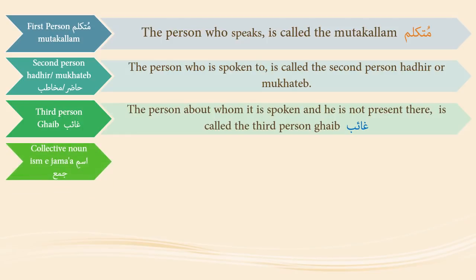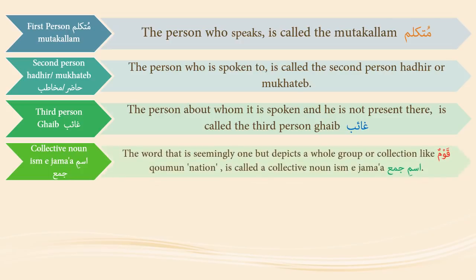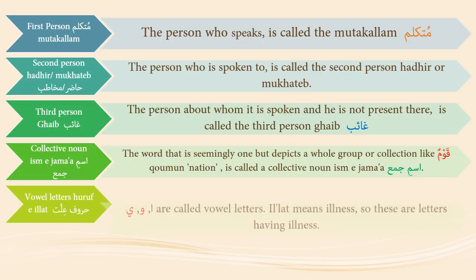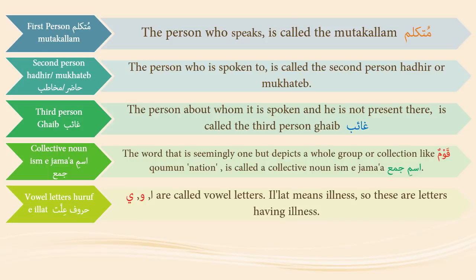Collective noun, ism jama'. The word that is seemingly one but depicts a whole group or collection, like qawmun, nation, is called a collective noun, ism jama'. Vowel letters, huruf illat. Alif, waw, ya are called vowel letters. Illat means illness, so these are letters having illness.